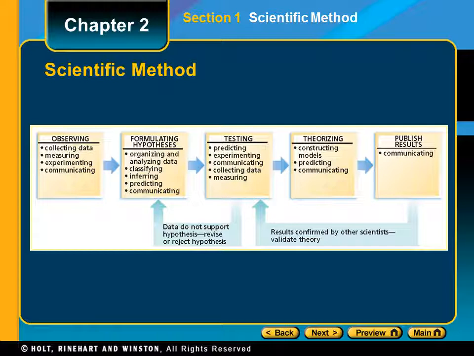If the testing does support it, you move on to theorizing, where you're constructing models and communicating, even making more predictions, ultimately publishing your results, which is communication. That leads back to more testing, with more scientists from around the world, who now have this information, working on trying to confirm what you've done and what you have found.